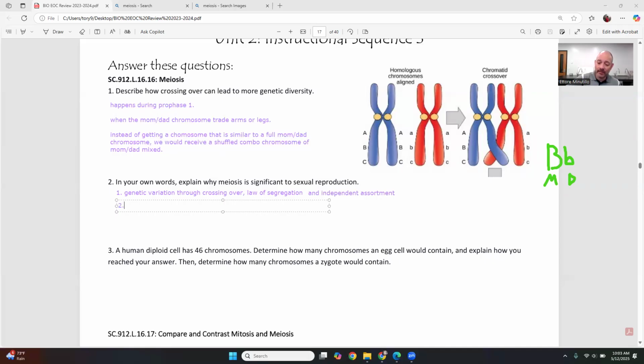The second thing that meiosis is going to do for us, it's going to produce haploid gametes, which again are our sperm or egg cell, so that the parent DNA must be combined to make the kid.